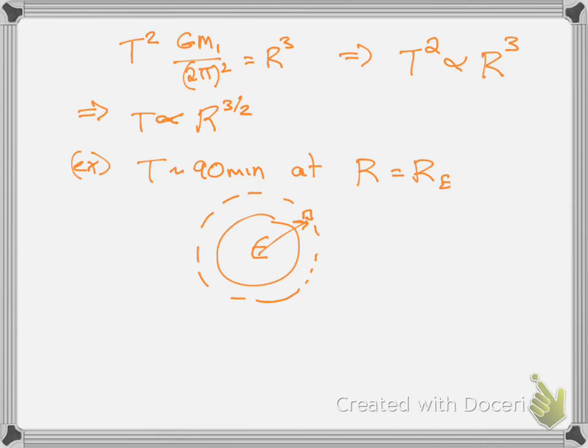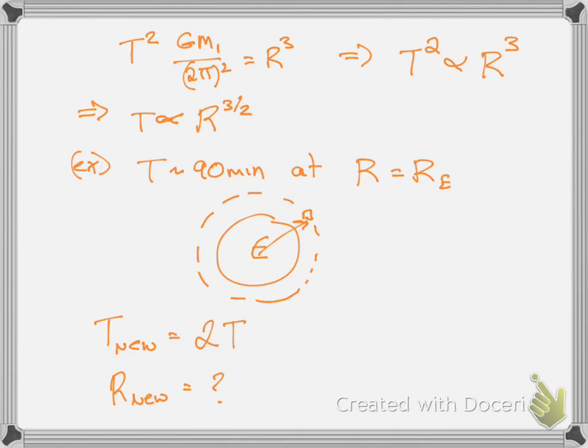Let's say that we want to double that, to find the radius at which T is equal to 3 hours. So we want a T new equal to 2 T original, and we want to know what R new is. How many Earth radii away?